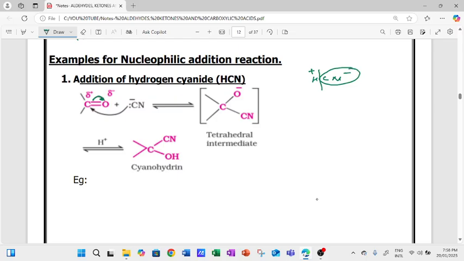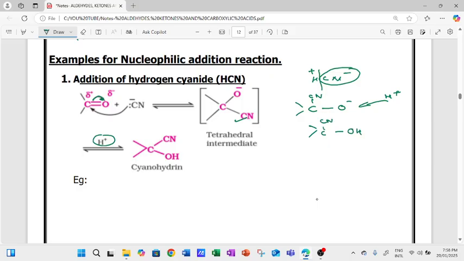So in the first step, CN minus attacks the carbon. So we get carbon attached to the cyanide and oxygen with a negative charge. So the double bond changes to single bond. And in the second step, the proton attacks the oxygen with the negative charge. So that changes to C, CN is already there, and O changes to OH.